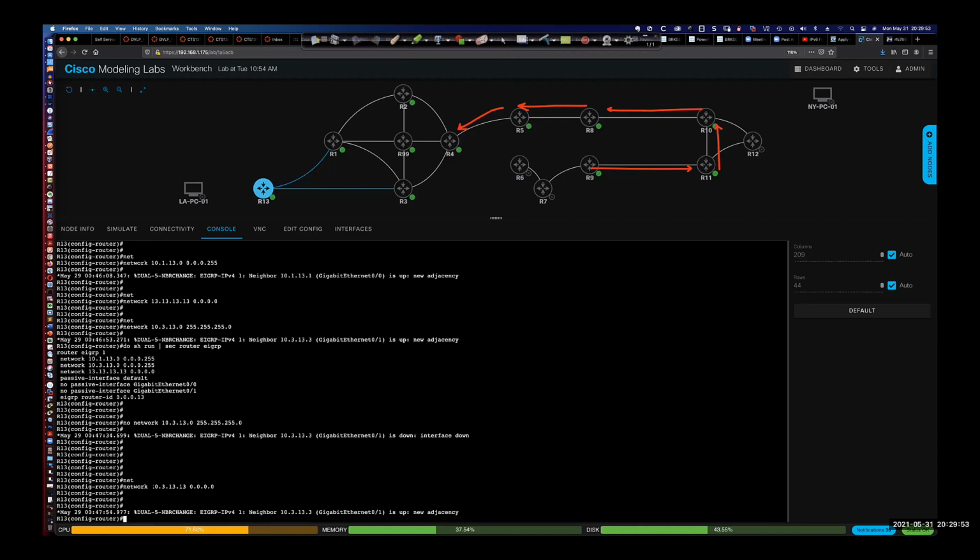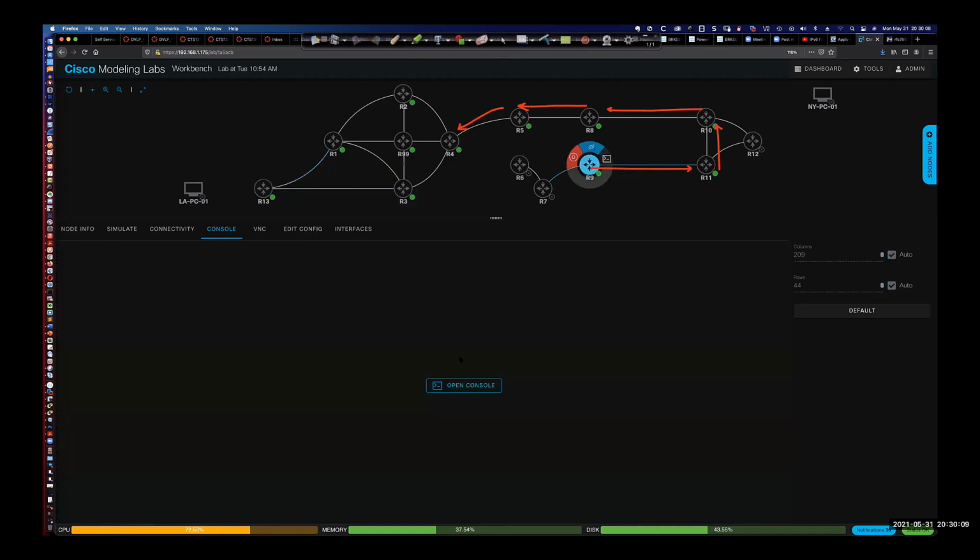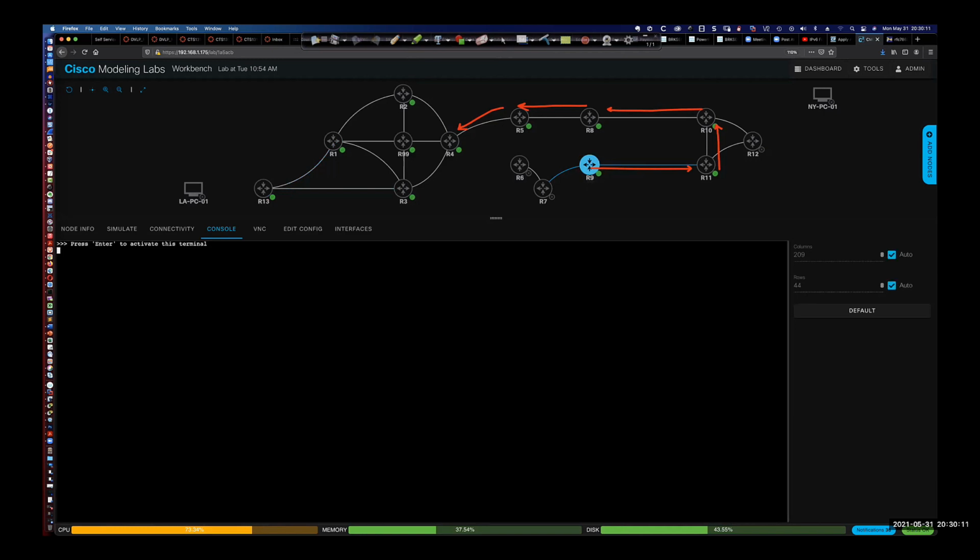And you might be asking, well, wait a second, if you do that, does that mean that the advertisement of that interface that connects here to router 3, let's say I come over here to router 9, am I going to see a /32 with just that single IP, since my network statement is a /32, the exact IP address on the interface?